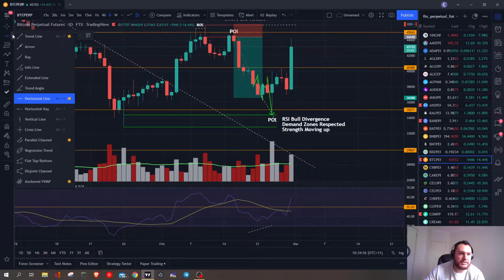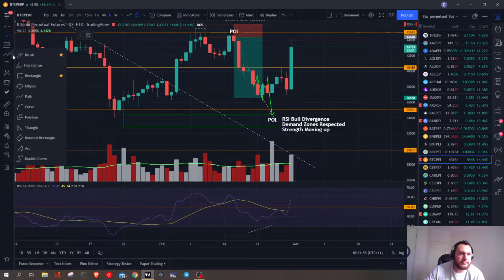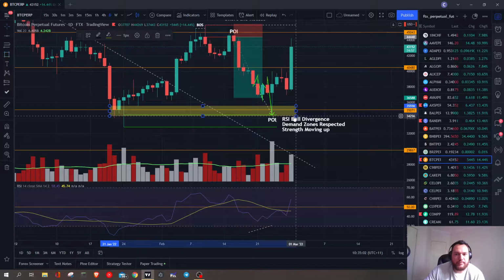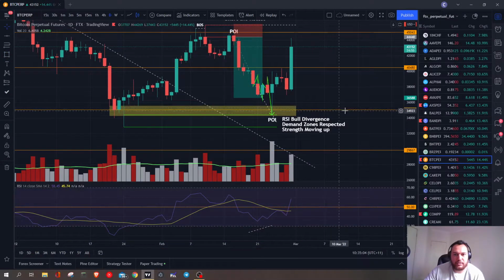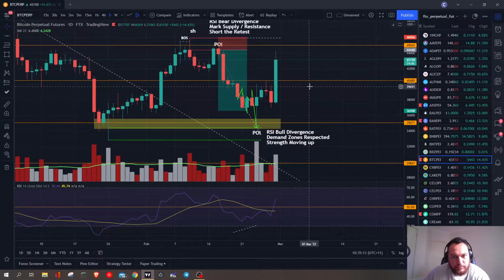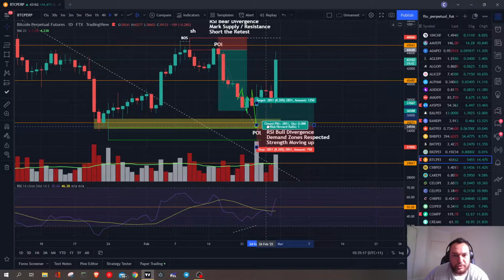So which is the zone. All right, so the zone, remember that zone? So no, it's not just a line, it's zones. 35,000, yeah, 34.5, 35.5, yeah? So that would be our long point of interest.